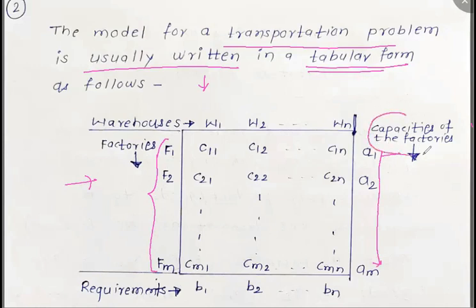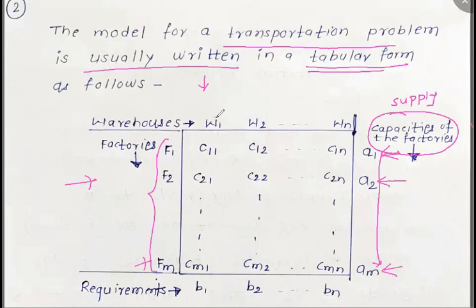It is called the capacities of the factories, or sometimes we write the supply available at these m factories. So F1 produces A1 quantity of product, F2 produces A2 quantity of product, and factory Fm produces Am quantity of product.